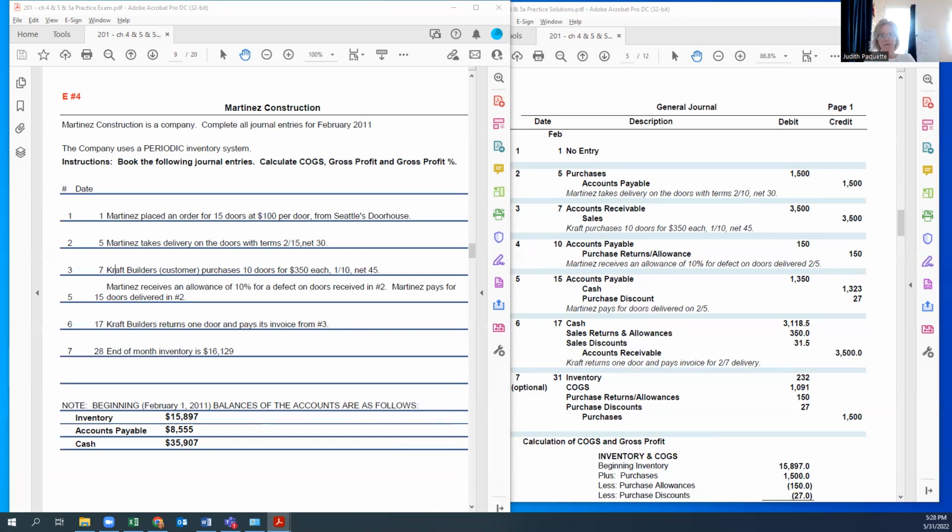And the reason for that is if the terms were FOB shipping point, then the buyer has to book that order at the point of shipment. They own it. Now, in practicality, they don't usually do that, but for end of the year, they save all the invoices that come in the first week or two, and then they make an adjusting journal entry and say, if this shipped before year end, we have to book an adjusting journal entry.